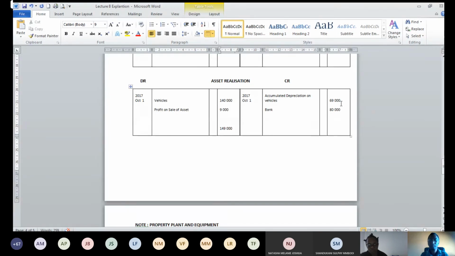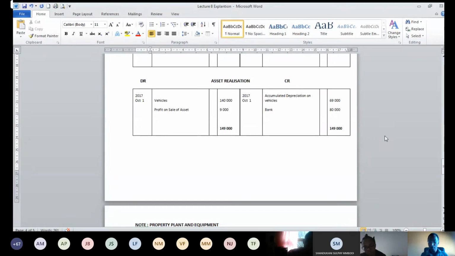And if you add up your credit side here, you will get 149,000 Rand. You will see that your asset realization account must close off. The debit side must be equal to the credit side. If the debit side is not equal to the credit side, guys, you have made a mistake somewhere.